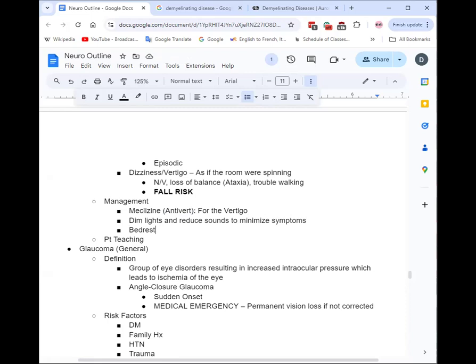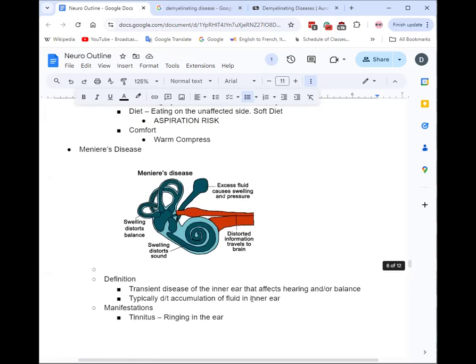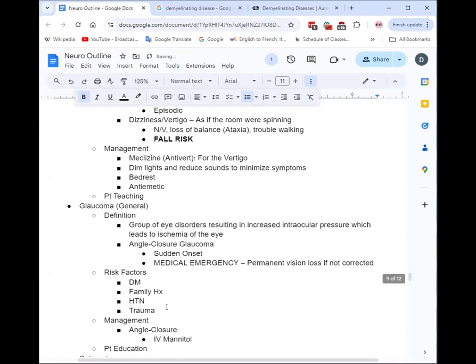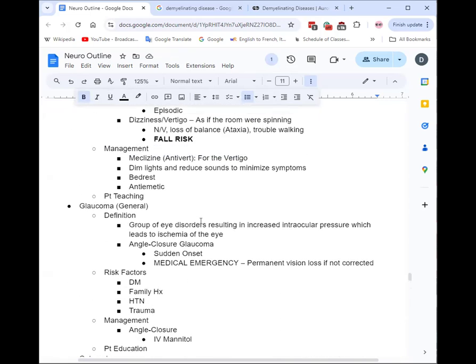I'm trying to just get all the big picture things out. Maybe antiemetics because they're dizzy and nauseous. This is caused by fluid buildup in the inner ear. So one of the medications that they have in your PowerPoint is hydrochlorothiazide, the HCTZ. Where are we at?